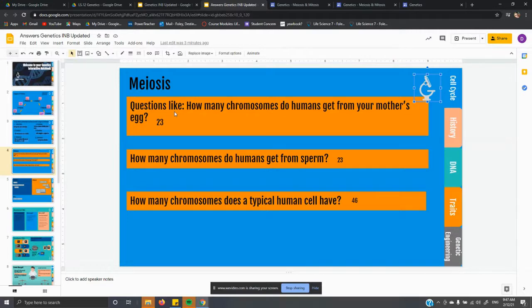So there are 23 chromosomes in an egg. So there's half of the amount that you need for your body. There are 23 in the sperm. And when the egg and the sperm come together, they make a typical human body cell, which has 46 chromosomes total.